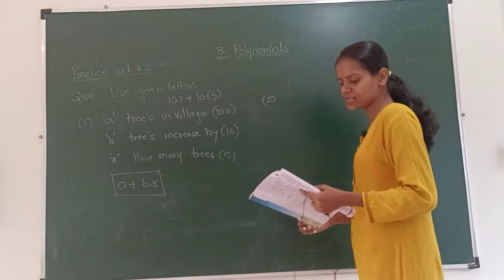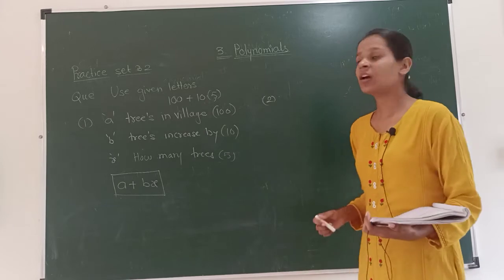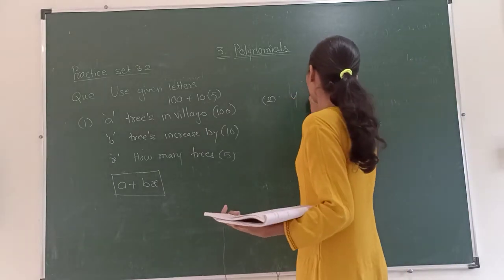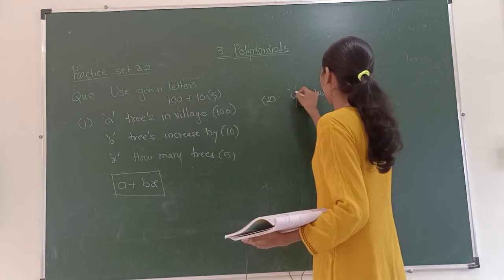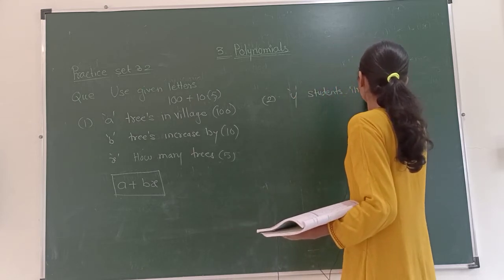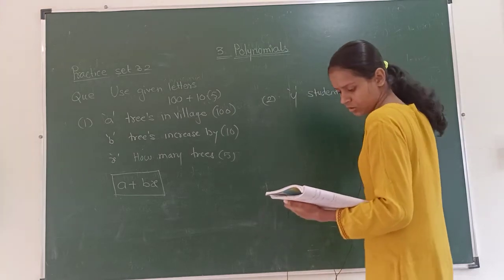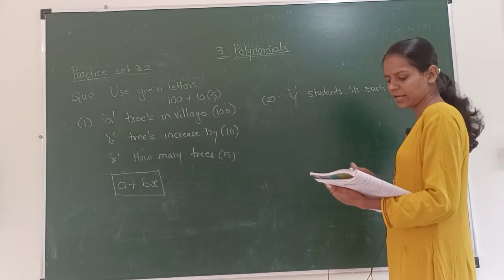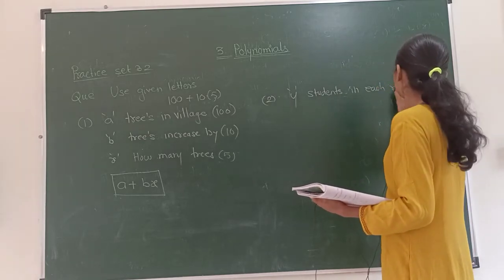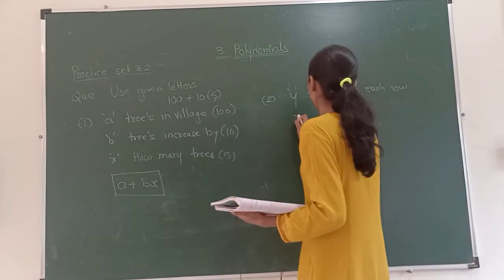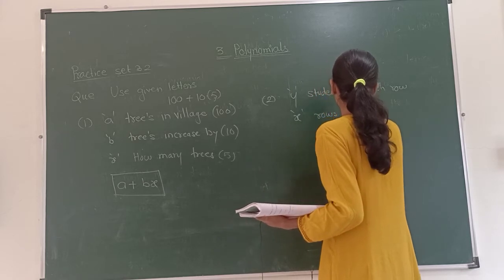See, second is, for a parade, there are Y students in each row, and such X rows are formed.